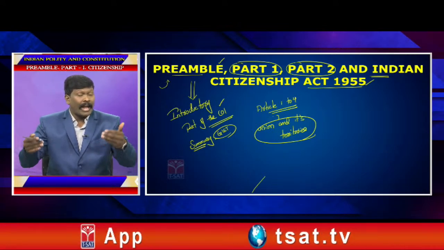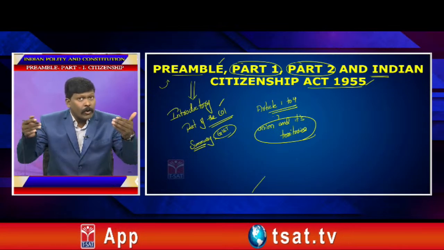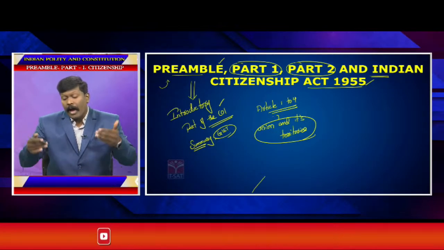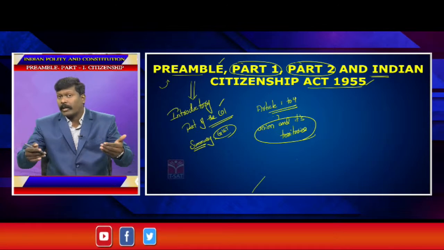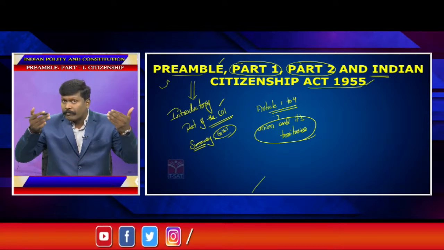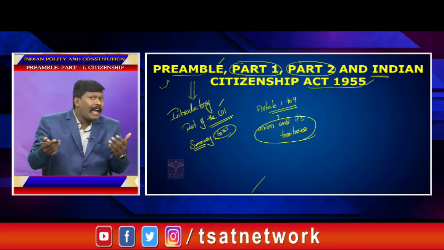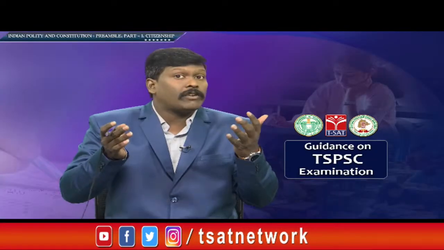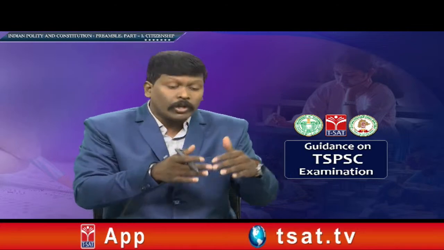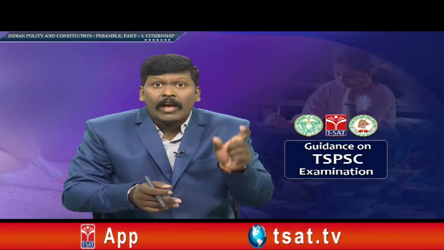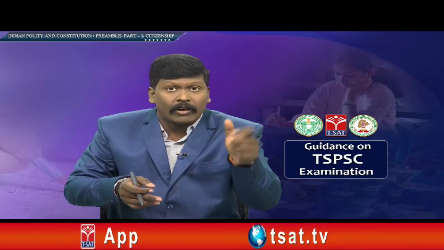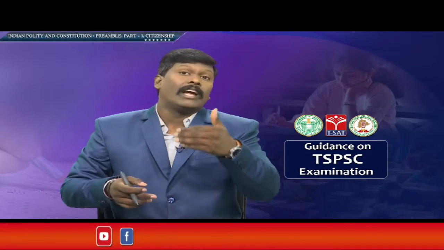To make any region which is not part of India a part of India, we use Article 2. Or, for any state which is already part of the Indian Union, to reorganize it or to change the name of the state, we use the article called Article 3 of the Indian Constitution.